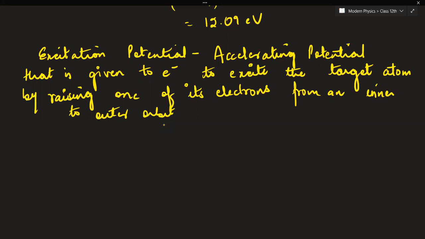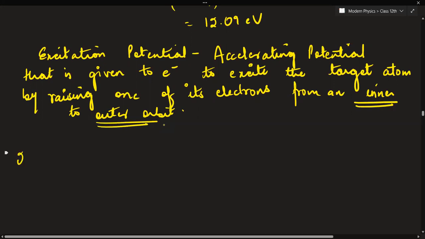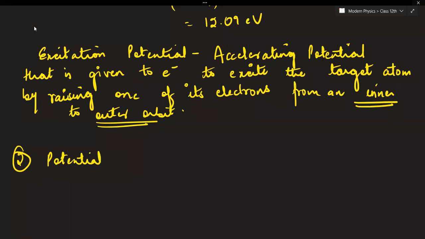See class, in excitation energy your ground state was fixed. Here in excitation potential, you have any inner orbit to outer orbit. This is the difference. Secondly, I was talking about potential, not potential energy, sorry, ionization energy.